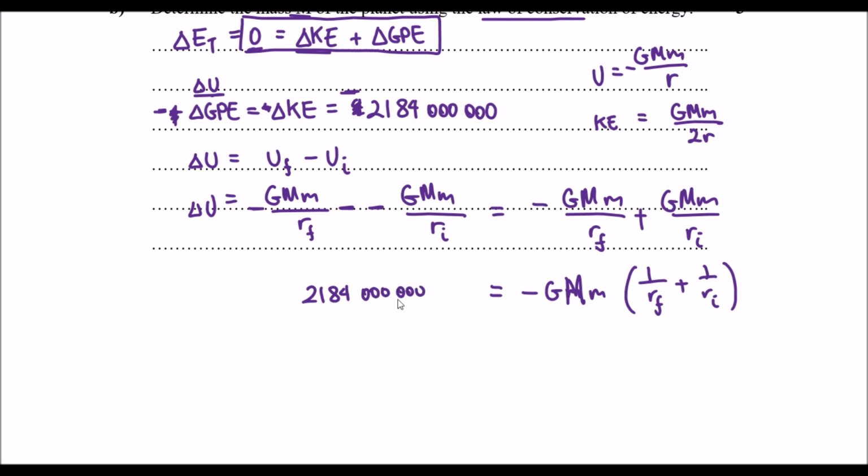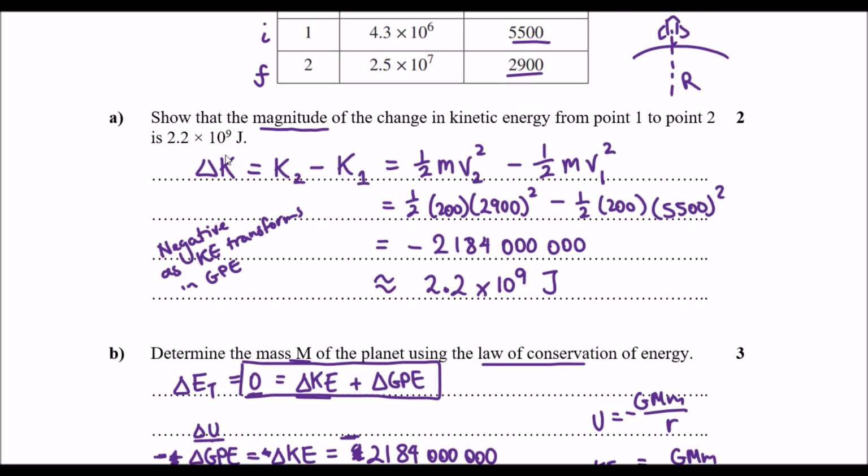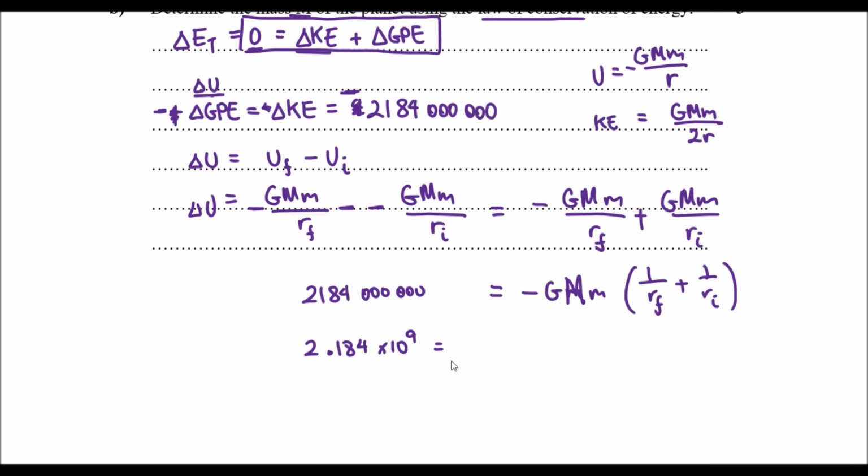You could write it in scientific notation as well. Probably will do that later on. Just down here, times 10 to the power of 9 equals 2. And you can see I've used the complete value instead of the rounded off value. That would be the best. That would give you the most accurate value for m.